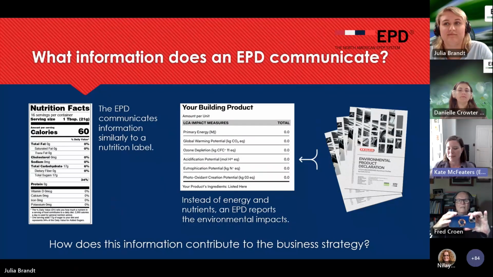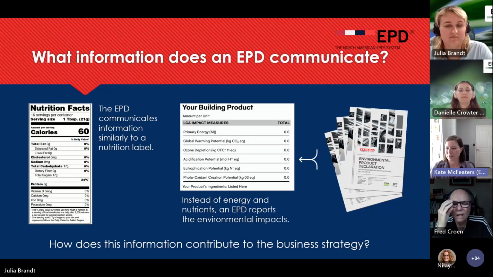So, yeah, as Neela explained so well, the EPD, you can think of it as a nutrition label. So when you look on the back of a package of cookies, it tells you what is the energy in the cookie and what are the micro and macronutrients. And this is the same information that's being reported in an EPD from the LCA model.